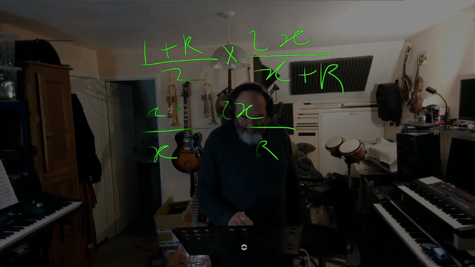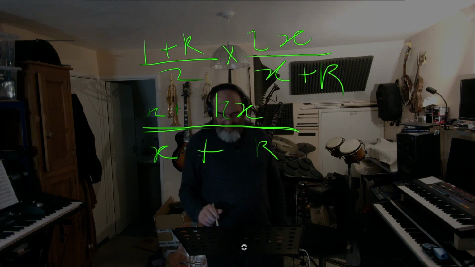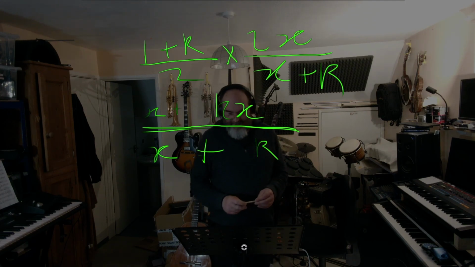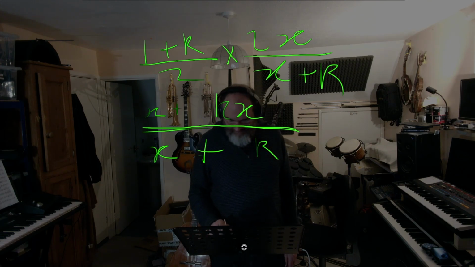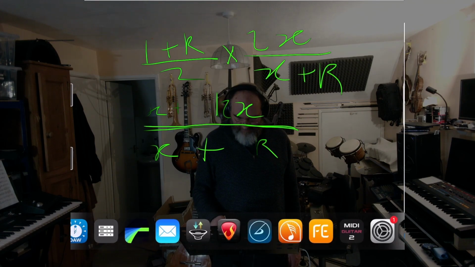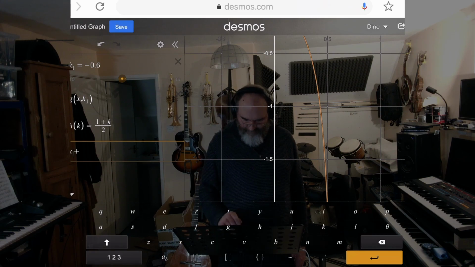And so what you end up with is x plus kx divided by x plus k, if I haven't messed up anything. We'll see. x plus kx divided by x plus k.